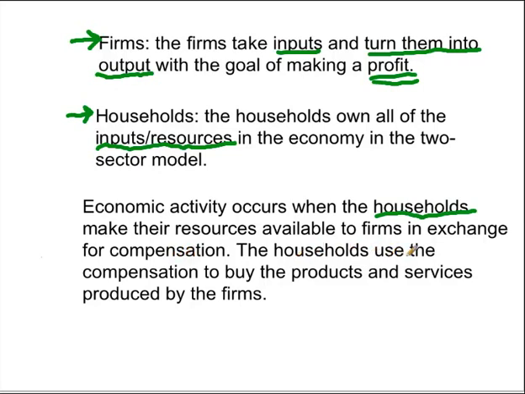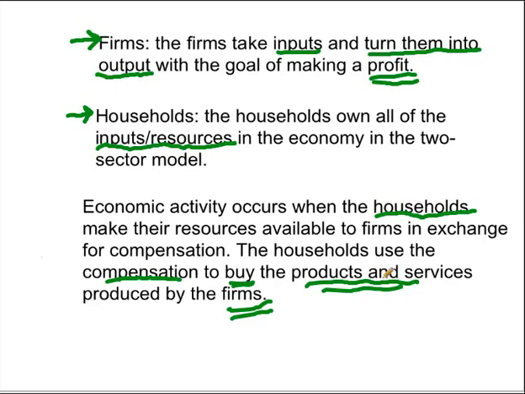The people then take that compensation, and what do they do? They buy. And what do they buy? The products and services that were produced by the firms using the household's resources. Okay? And so in the end, the households, they started off owning resources and they end up getting goods and services.